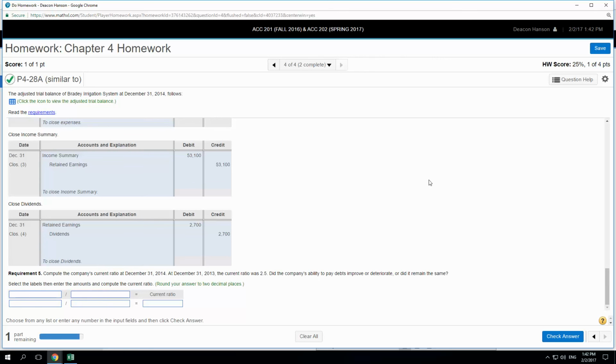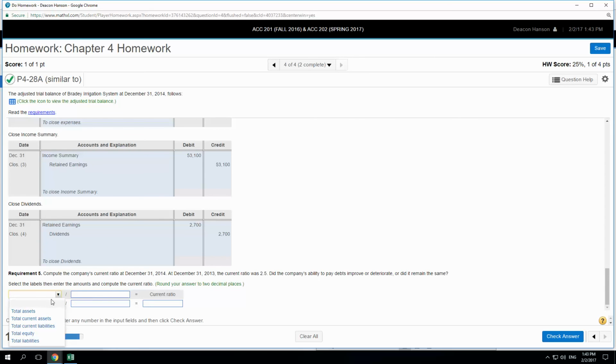So what we do is we do this ratio that compares our current assets to our current liabilities, right? We want to see, in relation to our current liabilities, what are our current assets? So we're going to just basically divide current assets by current liabilities, and we want that number to be 1 or greater, right? If you have less in current assets than you do in current liabilities, then if that continues chronically, eventually the company is going to fold because they're going to run out of money to pay off what's coming due, okay?